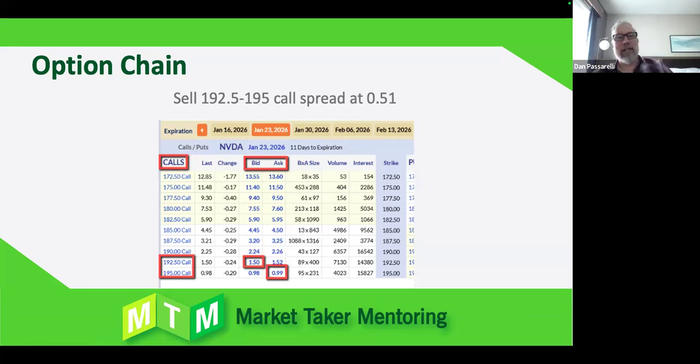Because if resistance holds at 186, or if it doesn't hold at 186, if it holds at 190, especially because there are two resistance levels, you've got a reasonably good shot of them holding. The stock probably won't get up to 192.5 by expiration. And I'm not recommending this trade or anything like that. I don't know what's going to happen in the future. Just basically giving you an example of things that you would want to incorporate into your analysis.